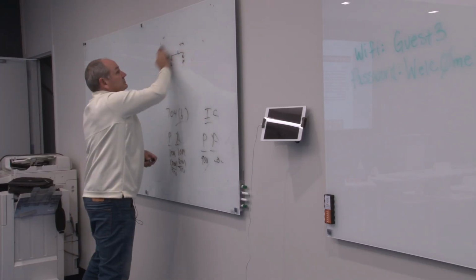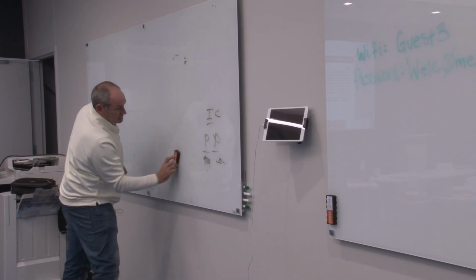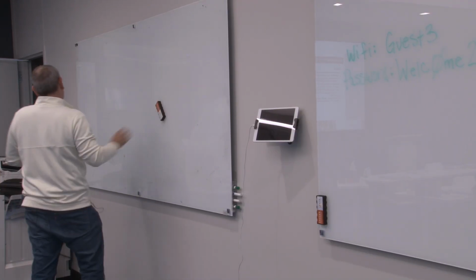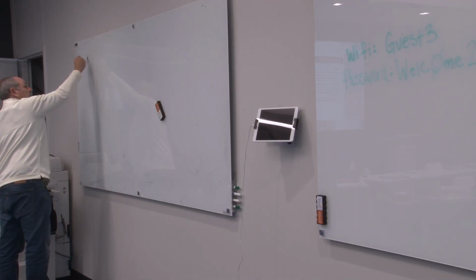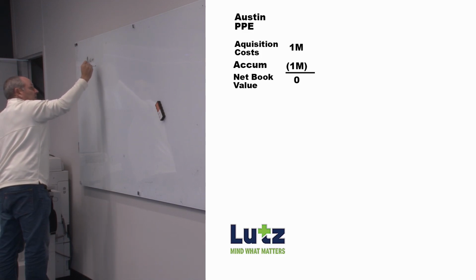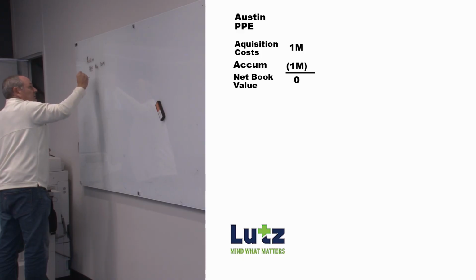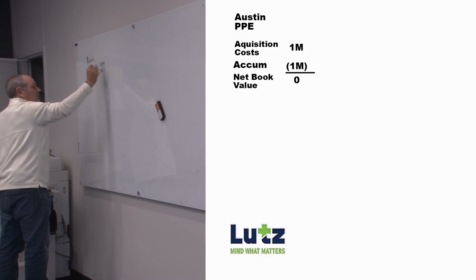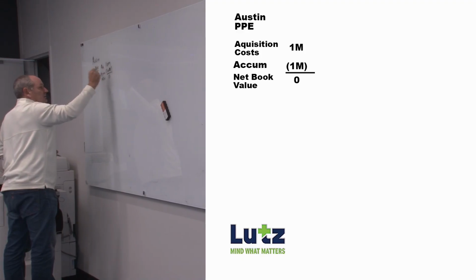So we're going to say, for purposes of discussion, that Austin has PP&E, acquisition cost of $1 million, accumulated depreciation of $1 million, net book value, how much, Austin? 0.